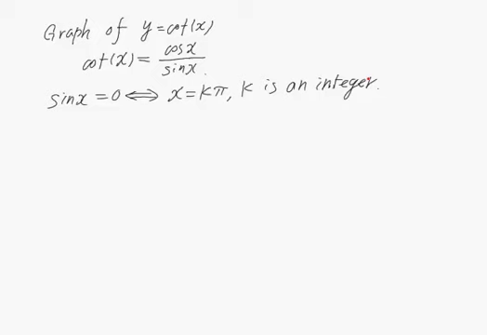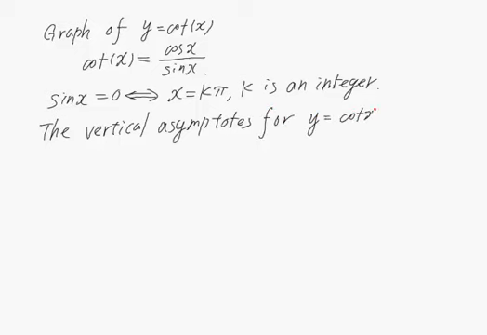So that means y equals cotangent x has vertical asymptotes at x equal to k pi.